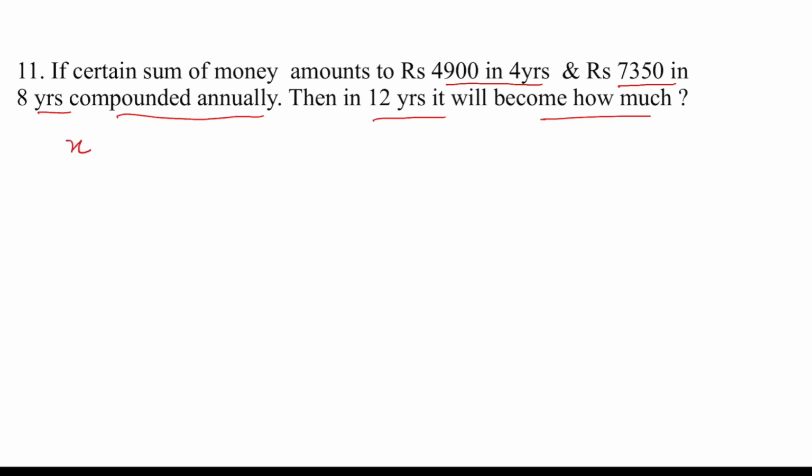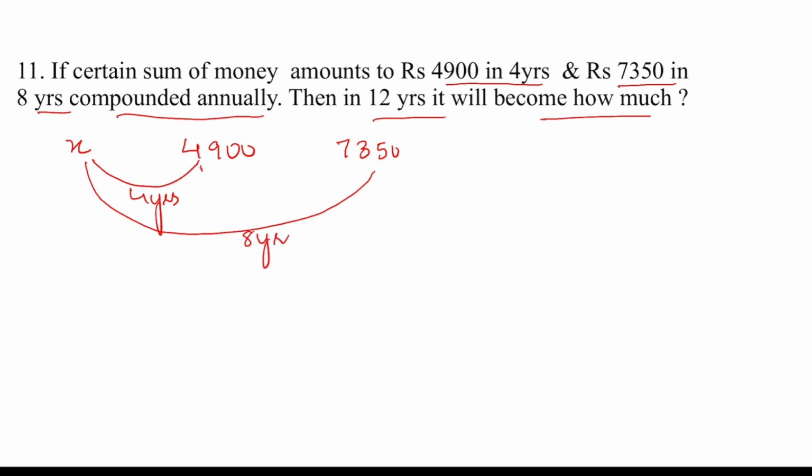It is becoming 4,900 in how many years? In 4 years. And it is becoming 7,350 in how many years? 8 years. 8 years from the starting, not from here, from the starting.